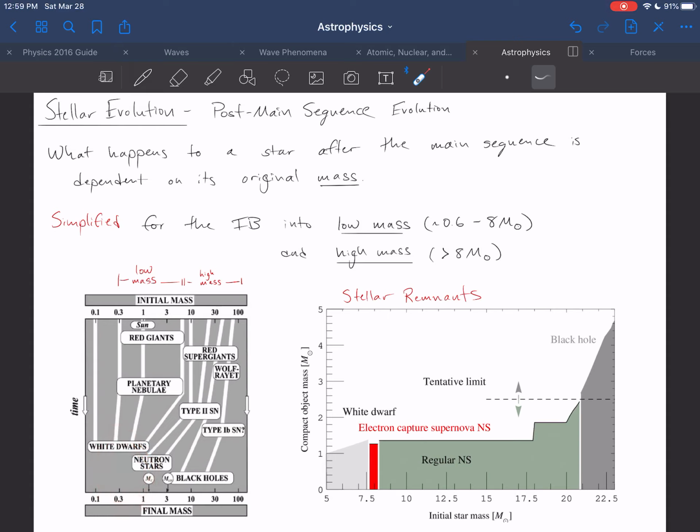We're going to group all of these things together and discuss their evolution, and then we'll group all of these things together and discuss their evolution. The remnant, that is the final result, does depend on how big the initial star was, and we'll talk about that as well. The general three categories of remnants we'll discuss are white dwarfs, neutron stars, and black holes.